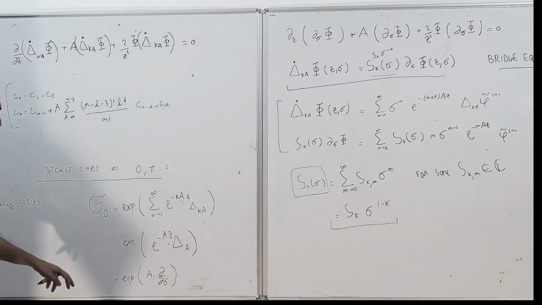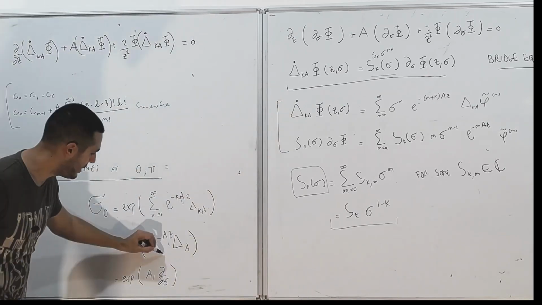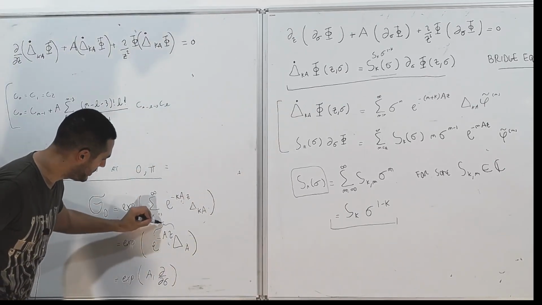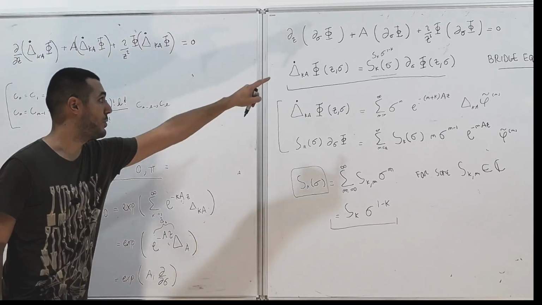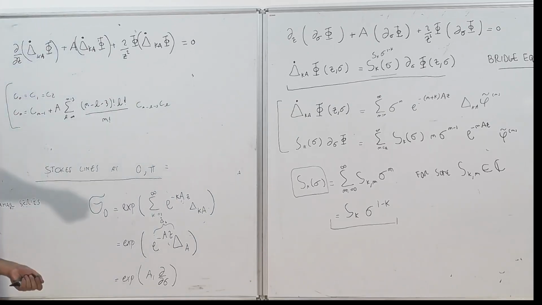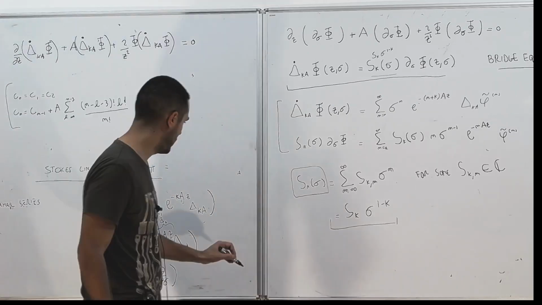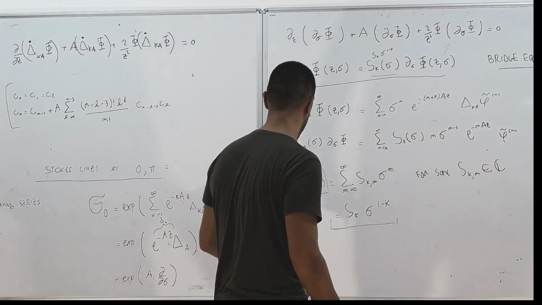And now we apply this operator here. I just use the bridge equation here. So this guy here is the dotted alien derivative, which is equivalent to multiplying by S1 and taking the derivative with respect to sigma.